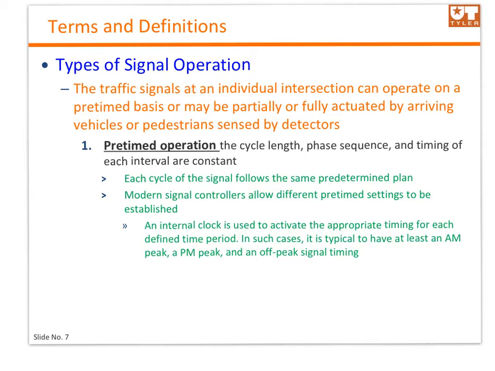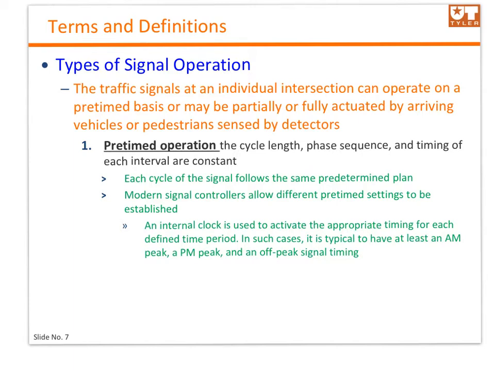Modern signal controllers nowadays allow different pre-timed settings to be established. That means an internal clock is used to activate the appropriate timing for each defined time period. In such cases, it's typical to have at least an AM peak, a PM peak, and an off-peak signal timing.